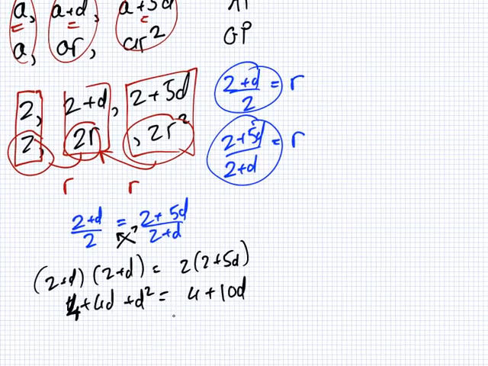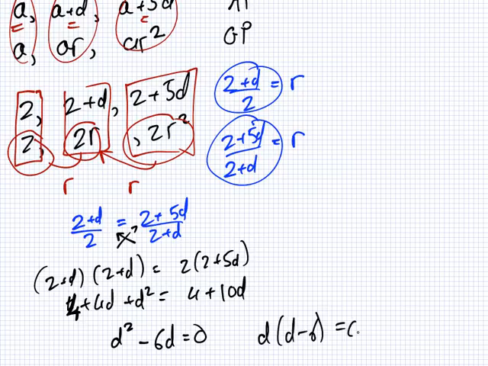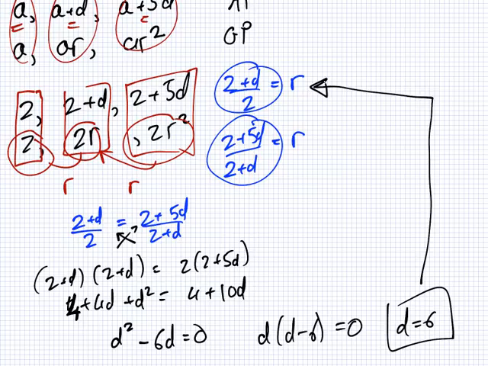Looks like it'll be a quadratic. Alright, d squared minus 6d equals 0. So you have d times d minus 6 equals 0. So what's d? 6. Or 0, but we don't go with the 0 one here. If I put that back in here, I get r is 4.